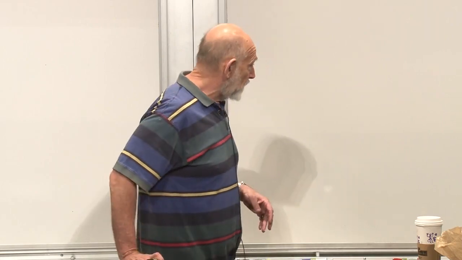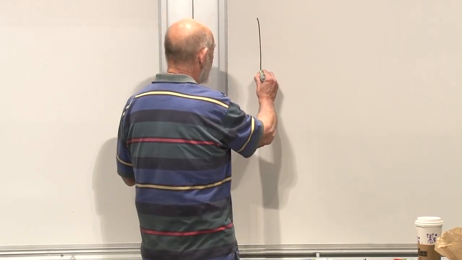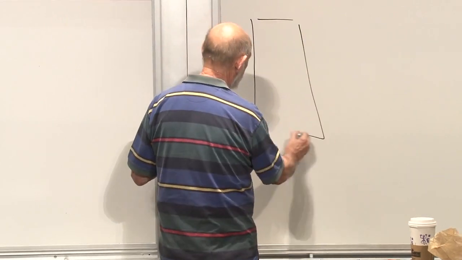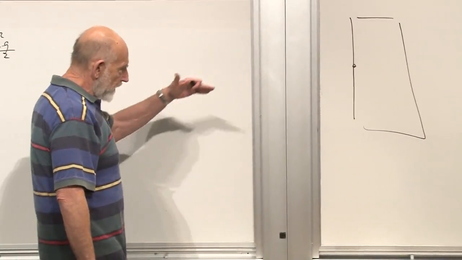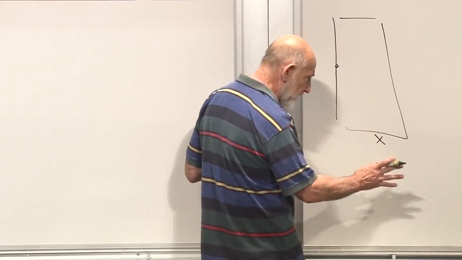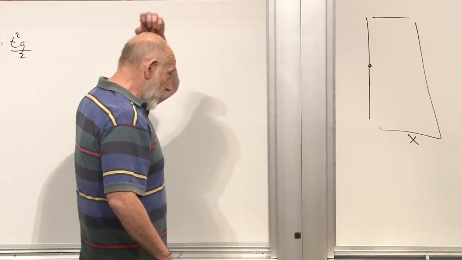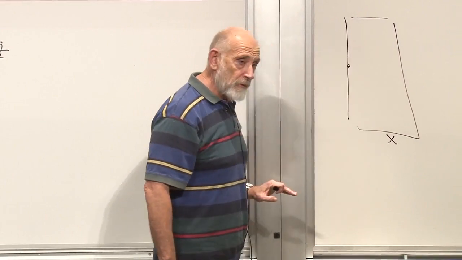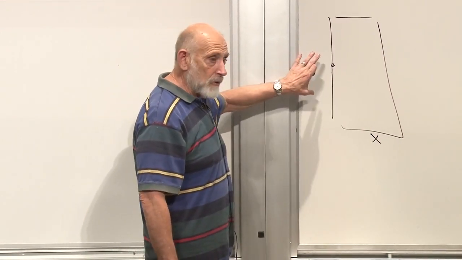And the argument was very simple. Again, one of these arguments which you could almost explain to a child. Let's start out with a light wave, a light beam, whatever it is. This is x now, not z. Z is vertical. Let's start out with a light beam that's moving horizontally, starting out at t equals 0.